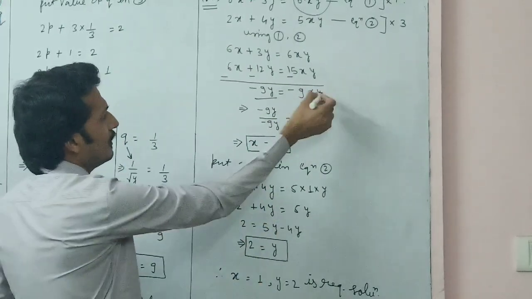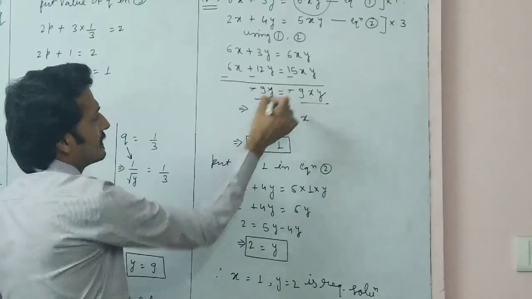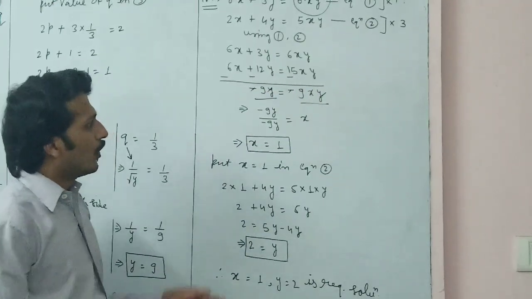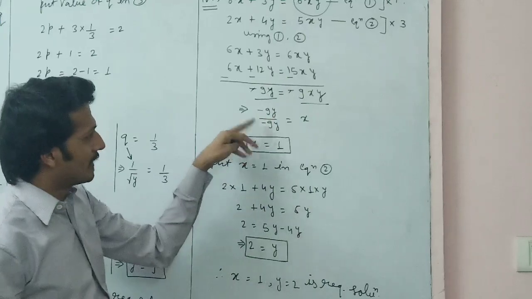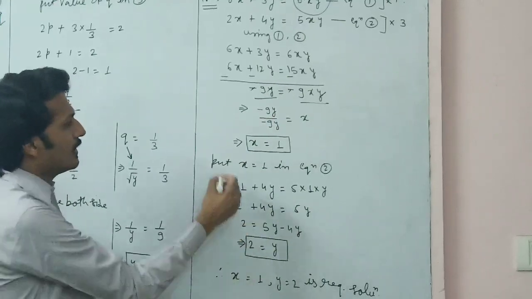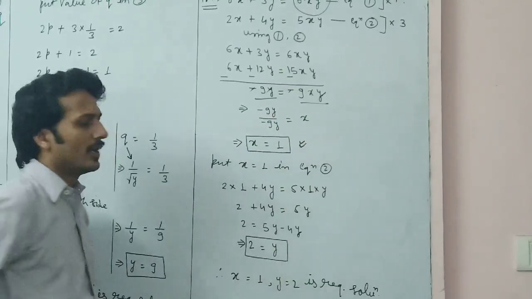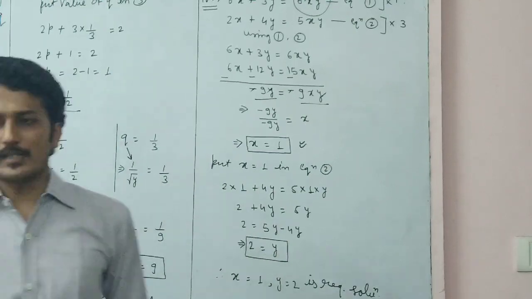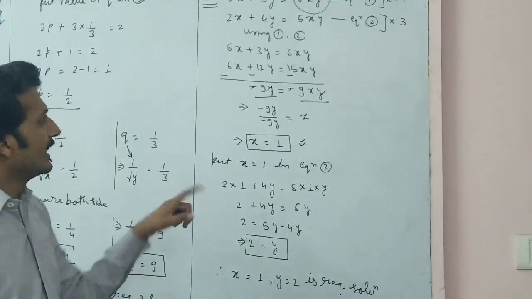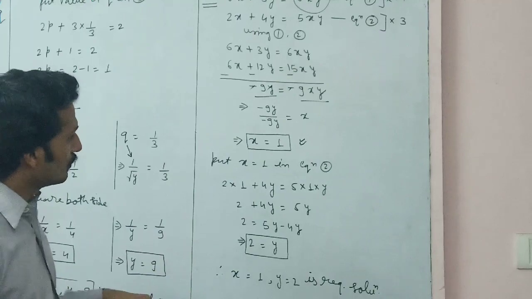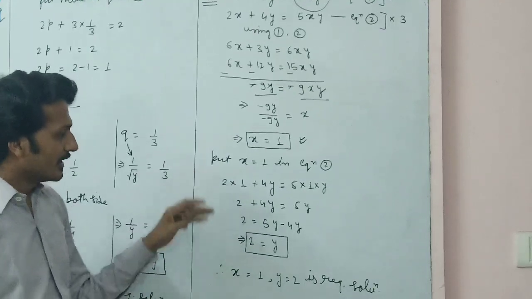Now y cancels y, minus 9 cancels minus 9, and we can simply write x equals minus 9y upon minus 9y. So we get x equals 1. Now to find the value of y, we put x equals 1 in either equation 1 or 2. Now we are putting it in equation 2.